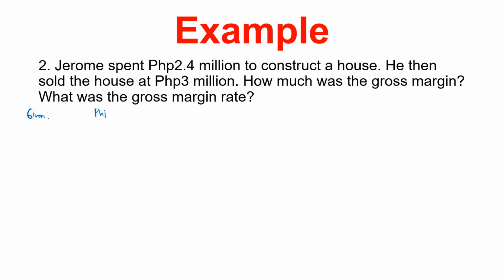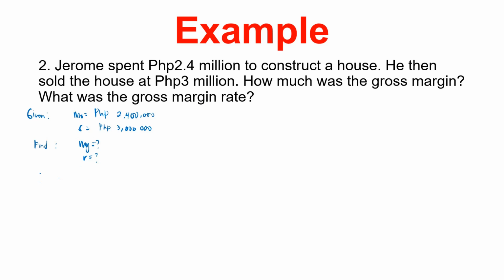You have 2,400,000, that is your cost price. Jerome is selling it for 3 million. So you're looking for the gross margin and the rate of the margin.